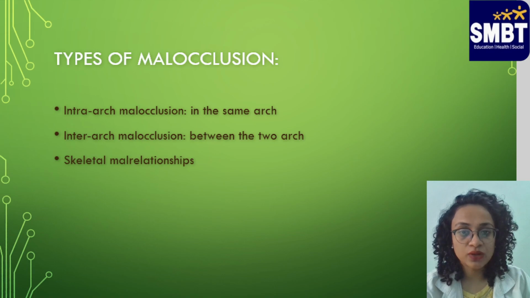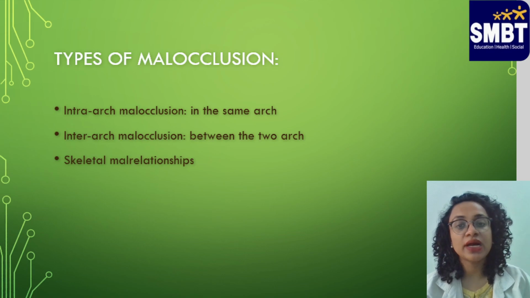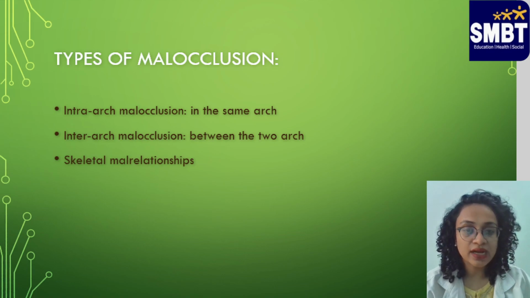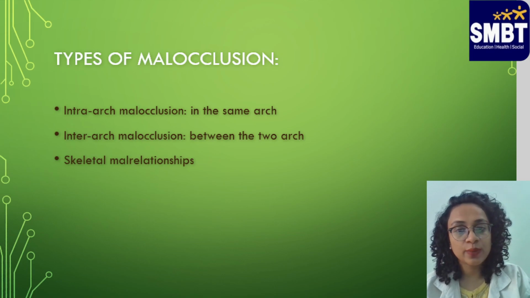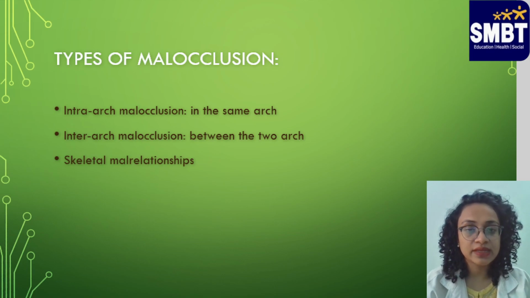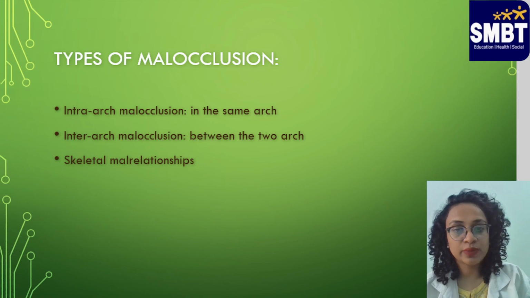Now, types of malocclusion. They are basically classified into three main types: intra-arch malocclusions, inter-arch malocclusions, and skeletal malrelationships. Intra-arch malocclusion means the malocclusion is seen within the same arch, either the maxillary arch itself or the mandibular arch itself, like spacing in the maxillary arch or crowding in the mandibular arch.